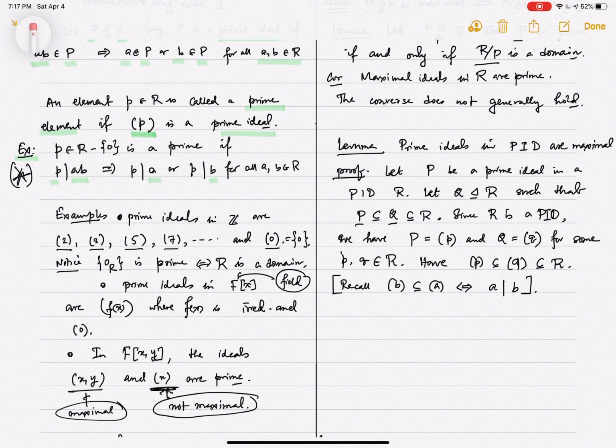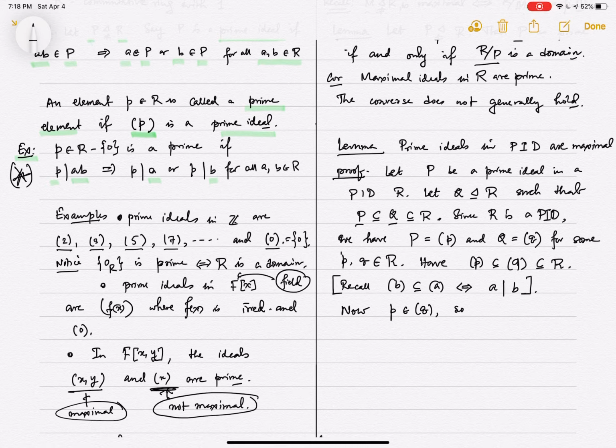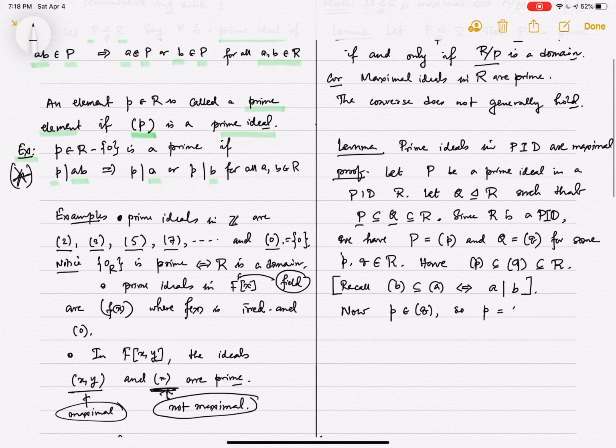Okay, so now note that P is in Q, so p is a multiple of q. p is qr for some r in R. But then p divides qr.